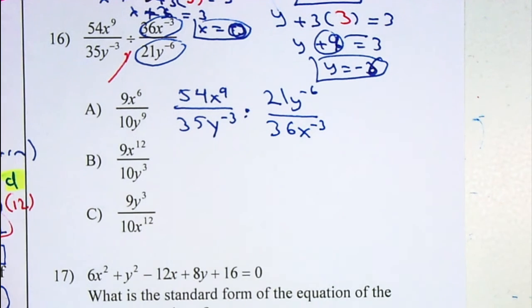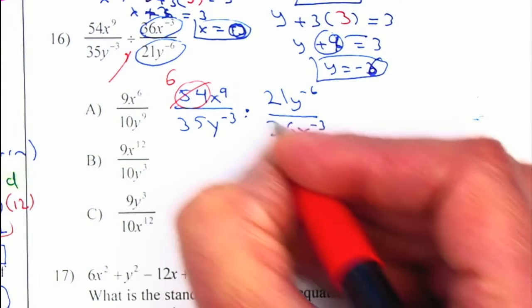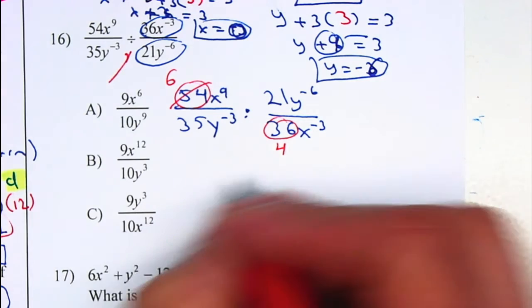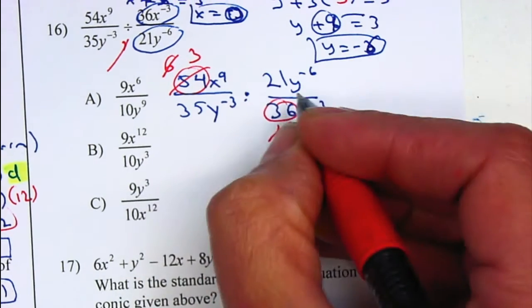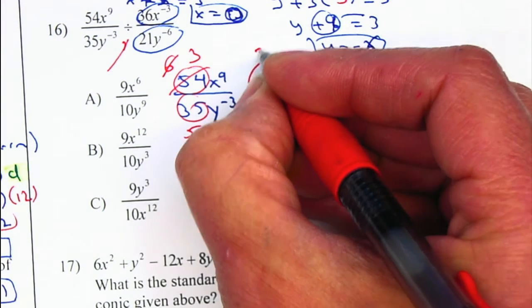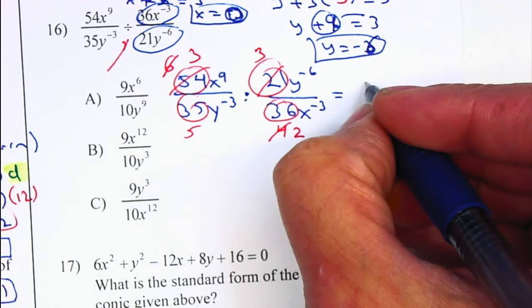Now let me simplify. I can reduce by 9, so it gives me 6, gives me 4. I can reduce again by 2, so it gives me 3, gives me 2. I can simplify by 7, gives me 5, gives me 3. So on top, I'm going to have 9.